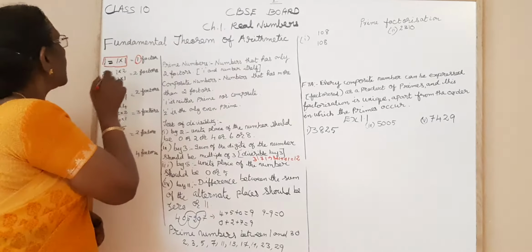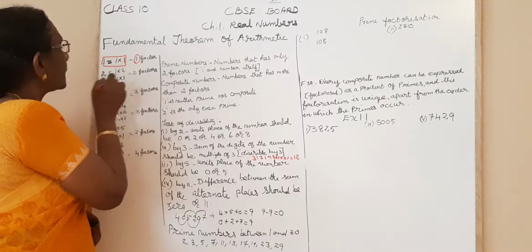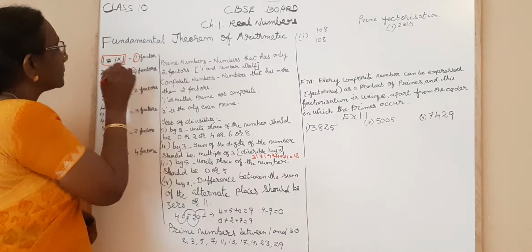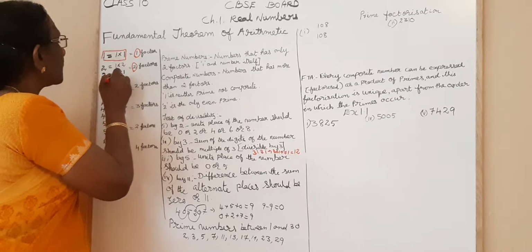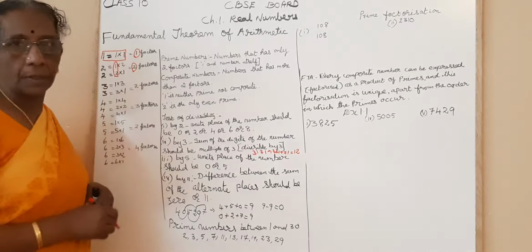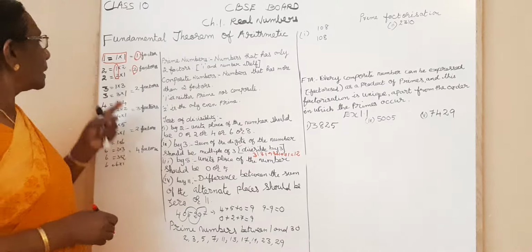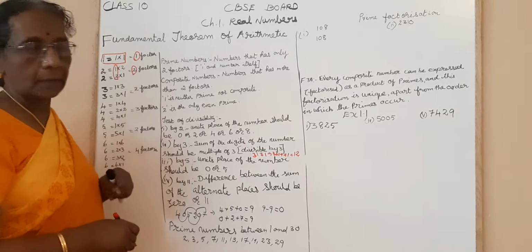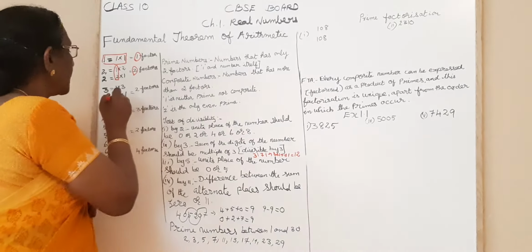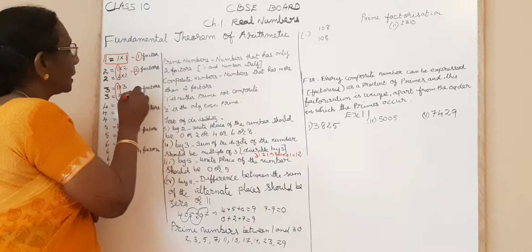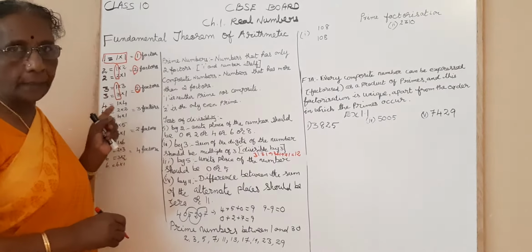And see, next you come to 2. 2 has 2 factors. That means it comes in the 1 table and the 2 table. Okay, that is 1 and 2 are its factors. Next, when you take 3, 3 also has only 2 factors, 1 and 3.